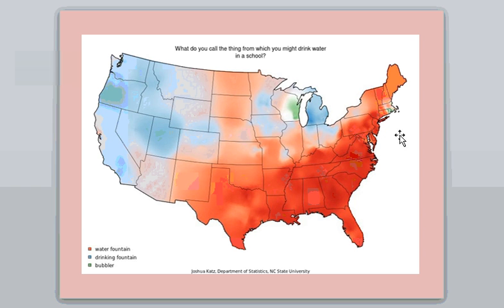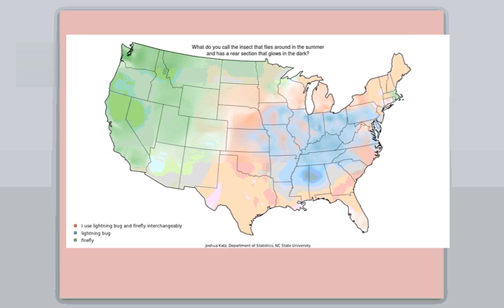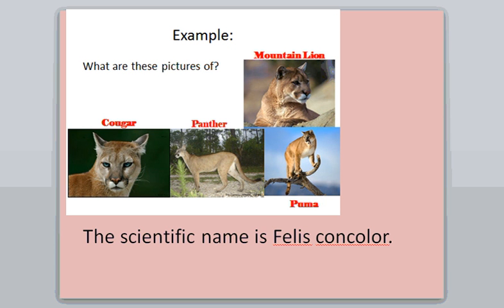Here we call it a water fountain. Out west, they call it a drinking fountain. And where I am from in Sheboygan, Wisconsin, we call it a bubbler. It's still the same thing, we just call it different names. And then lastly, you can look at lightning bugs versus fireflies. Again, it's the same thing, we just call it by different names.